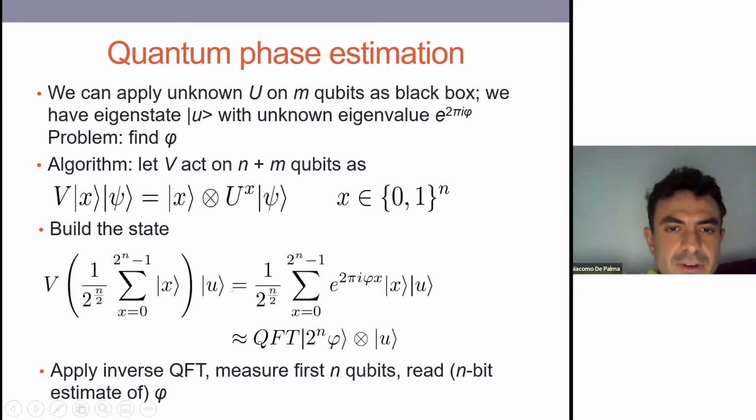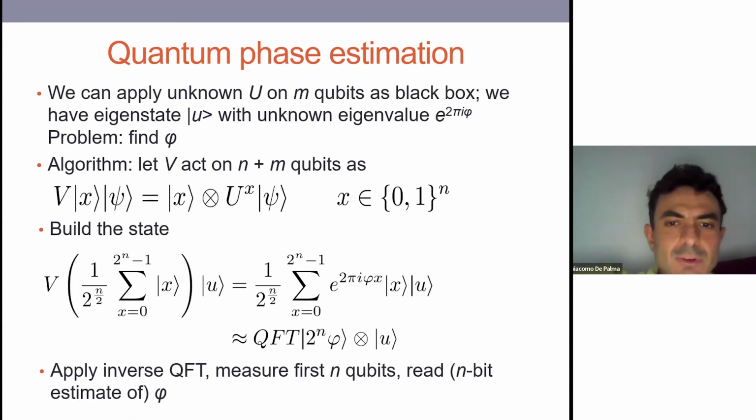So we can apply to this state the inverse Fourier transform on the first register, and then measure our n auxiliary qubits. And in this way, we will get the value of phi.